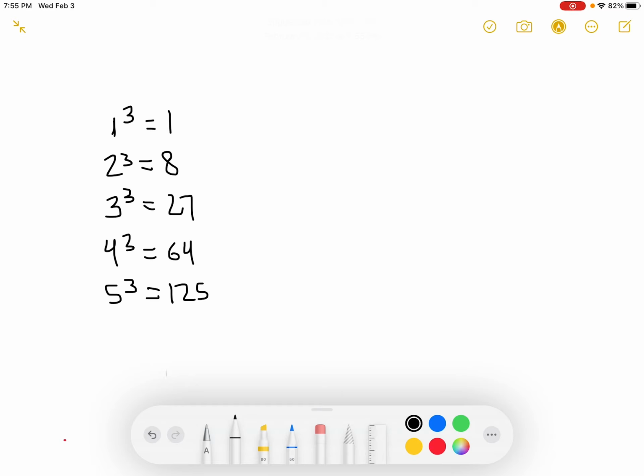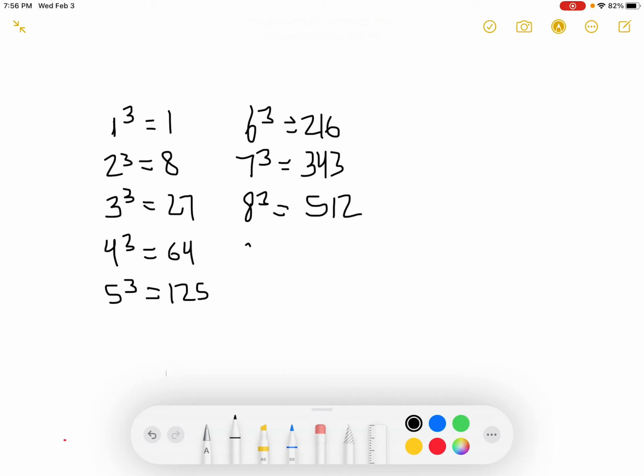And I don't know how much you'll be required to know, but I'll just go to 12, I guess. We'll see. So 6 cubed is 216. 7 cubed is 343. 8 cubed is 512. 9 cubed is 729.